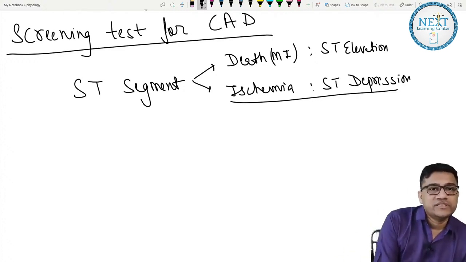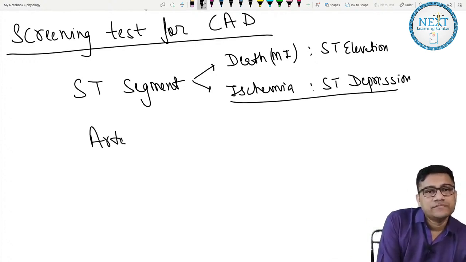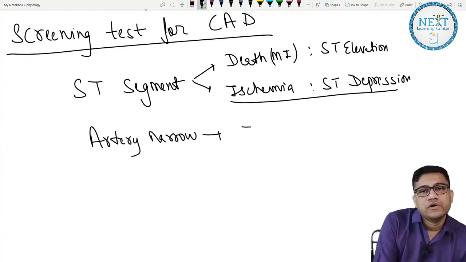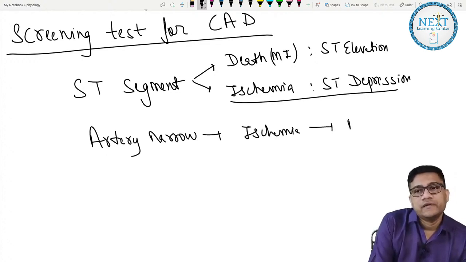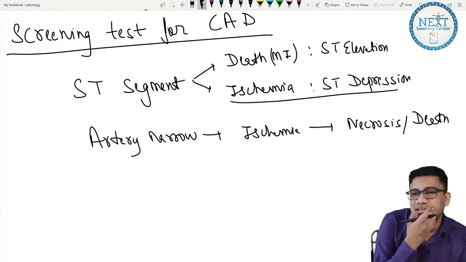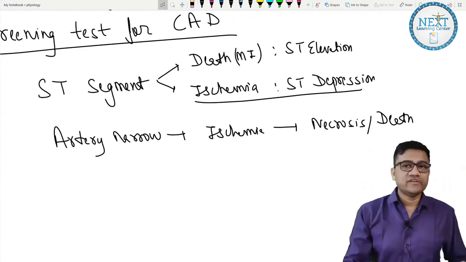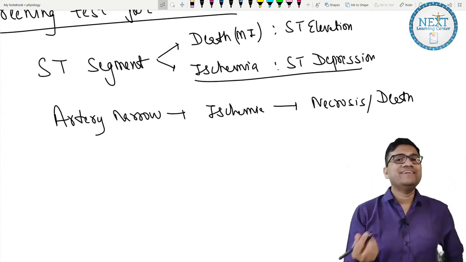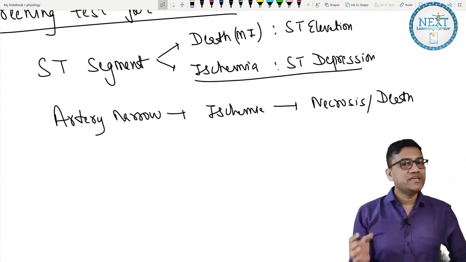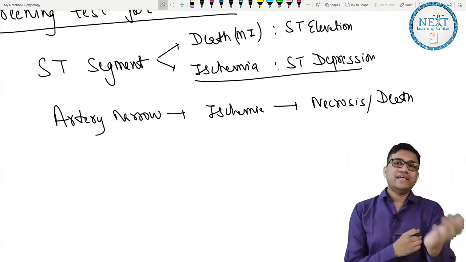So the sequence is: artery block, artery narrow, ischemia, then necrosis, that is death. So will you see ST depression first or ST elevation first? Obviously you will see depression first, and then elevation.